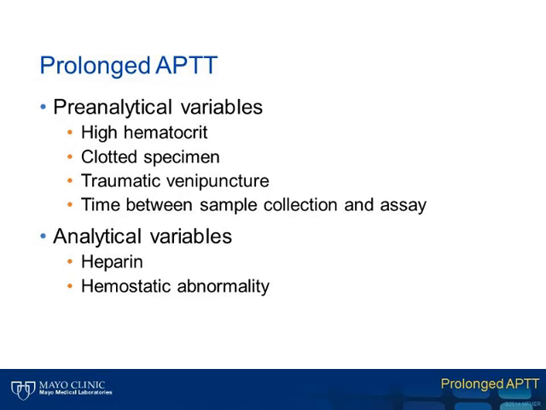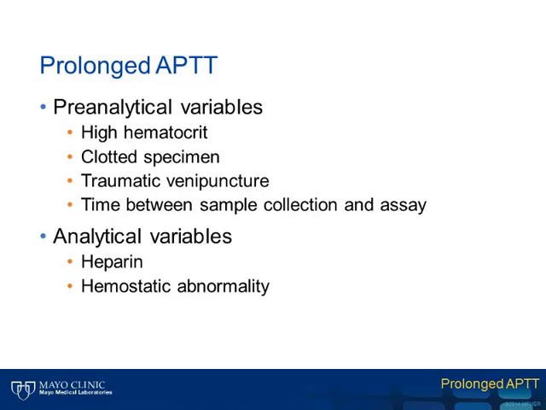Of the pre-analytical variables, the PT and APTT may be artifactually prolonged in patients with a high hematocrit. If these assays are performed on a plasma that has been clotted, the clotting process consumes coagulation factors, and this results in prolongation of the PT and APTT.